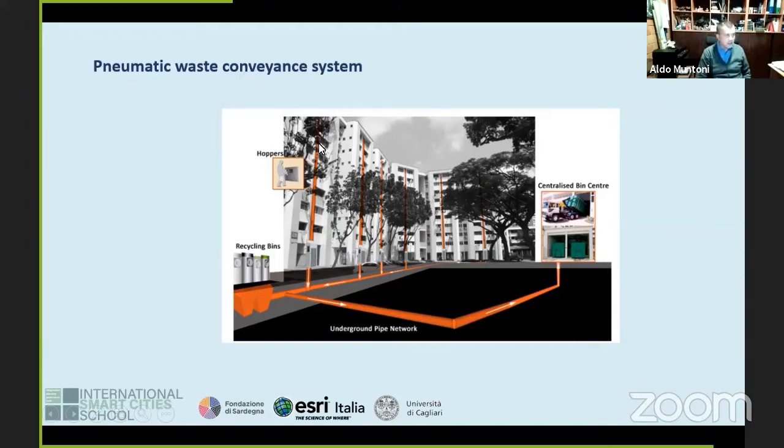So again, in each building should be available a kind of chimney with an opening at each level of the building, and the people should be able to throw the fraction to be collected, and then this fraction should be conveyed to centralized storage systems.